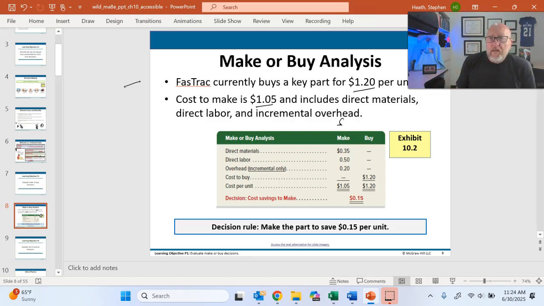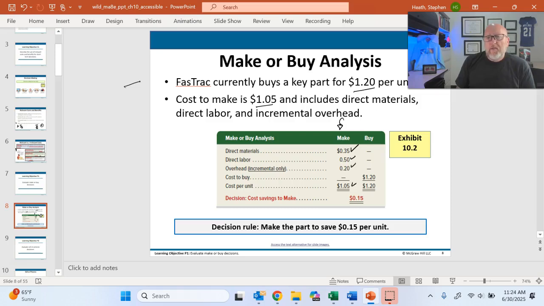So we were just saying that if I want to make this particular product, we're going to spend 35 cents per product in material, 50 cents in labor, and then 20 cents in variable overhead.